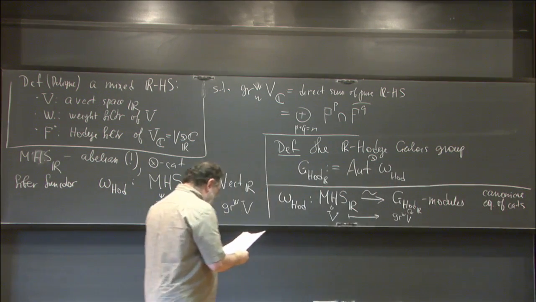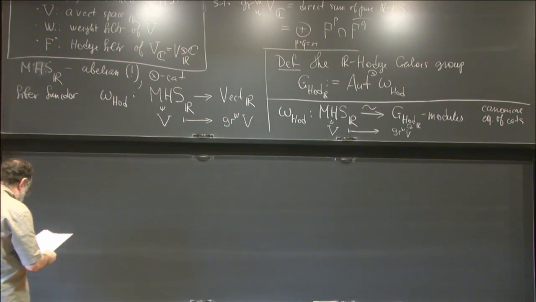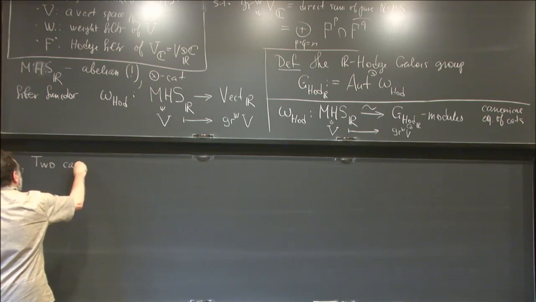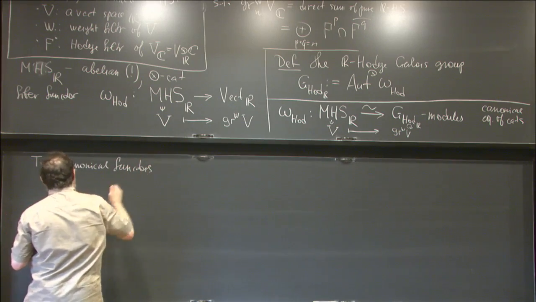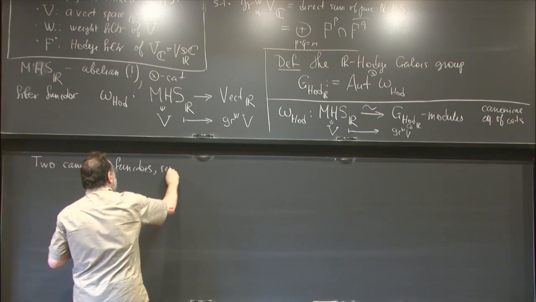Now the category of mixed structures has a little bit more data. There are two canonical functors, first of all, respecting the fiber functor. That's important.